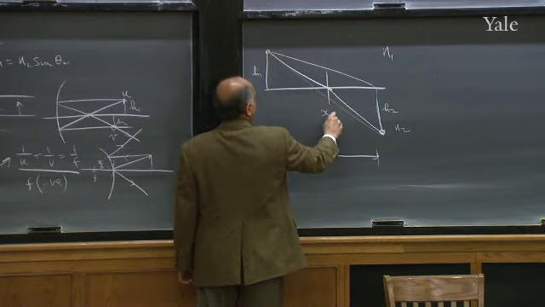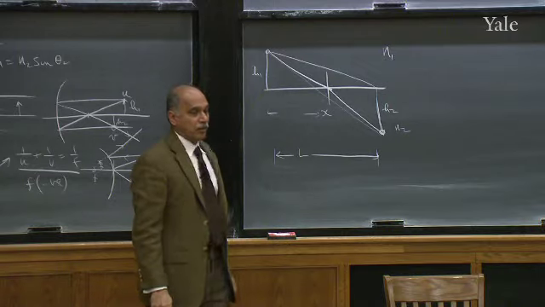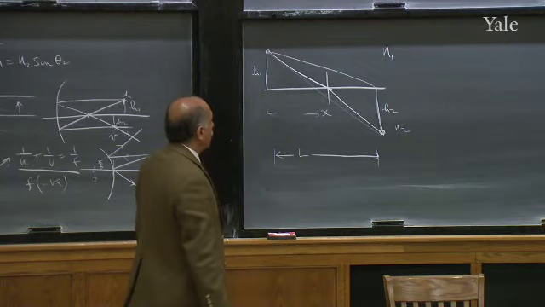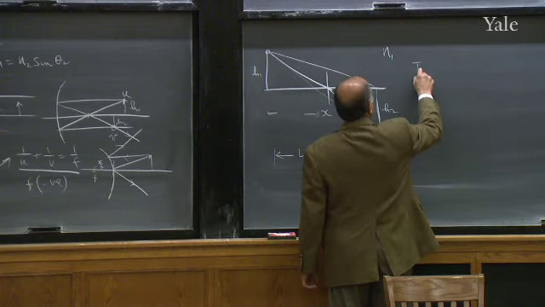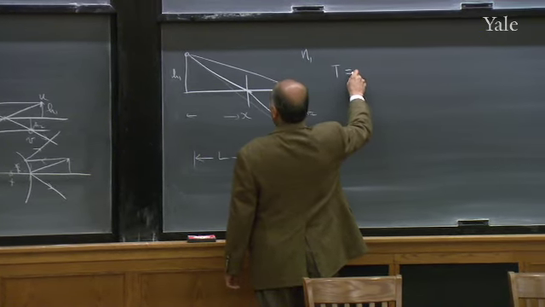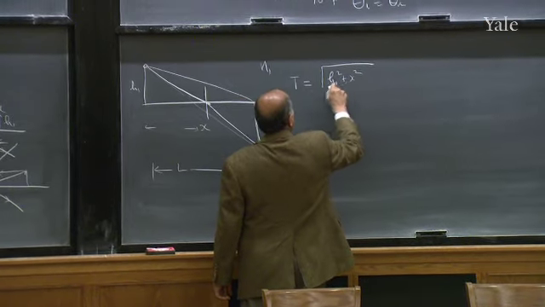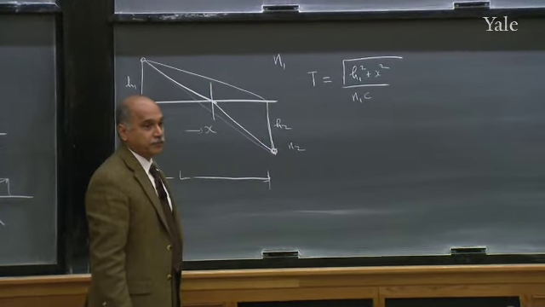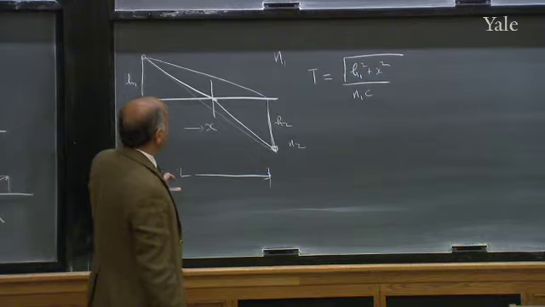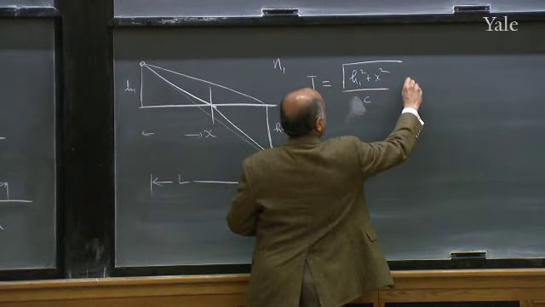And let this be at a distance x from the left. Now what do you want to minimize? Again, you want to minimize the travel time, t. That's going to be square root of h1 square plus x square divided by c over n1. That's the only subtlety. Because the time, I'm sorry, not n1c, times n1.